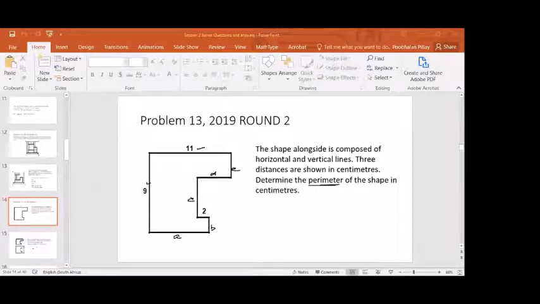I'm just checking to see whether some piece of information is missing. Maybe not.